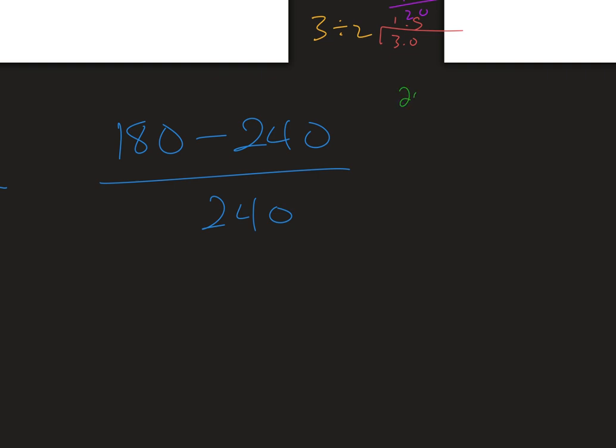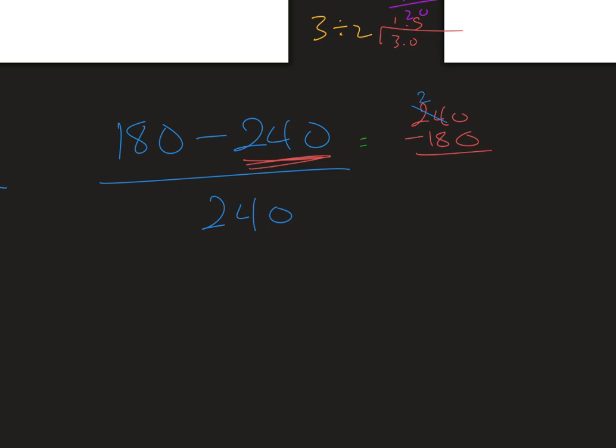So why don't you do this? Hang on, let me erase that. Will the answer to this be positive or negative? It will be negative because 180 minus a bigger number will be negative.